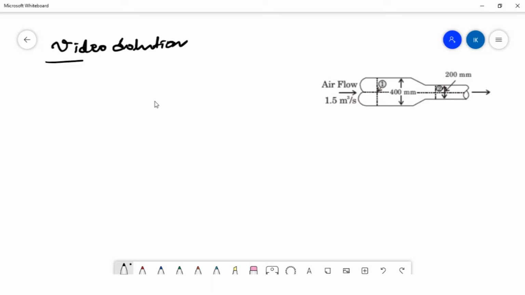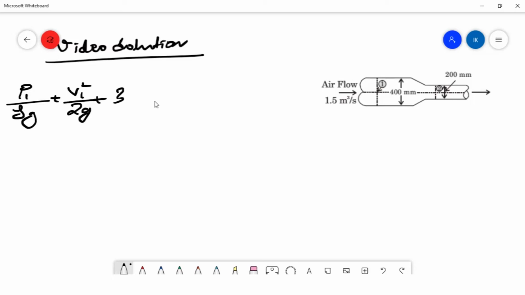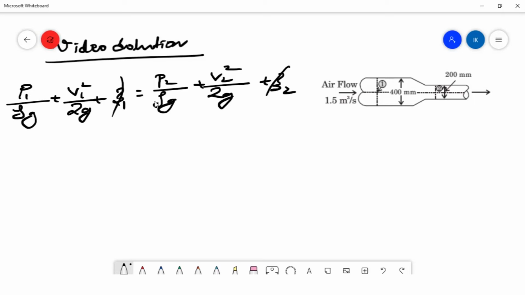From Bernoulli's equation, P1 by rho g plus V1 square by 2g plus Z1 equal to P2 by rho g plus V2 square by 2g plus Z2. Since both points 1 and 2 are at the same elevation, Z1 equal to Z2, so this can be cancelled.